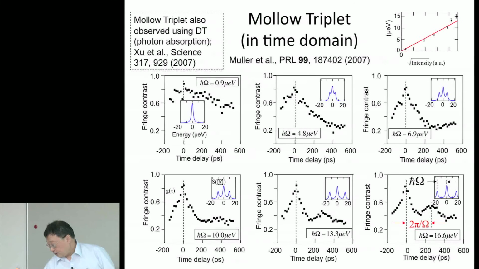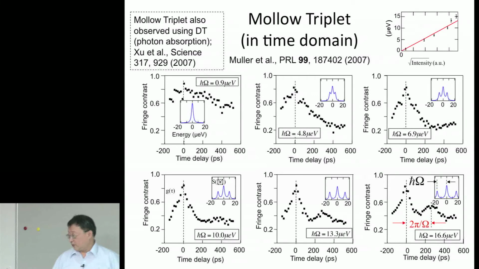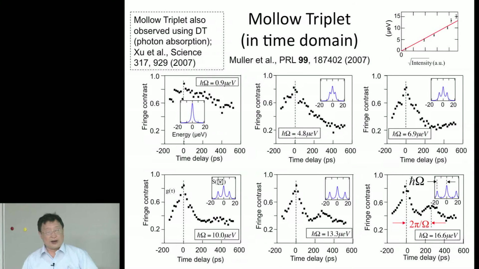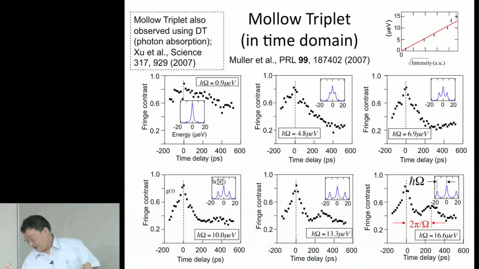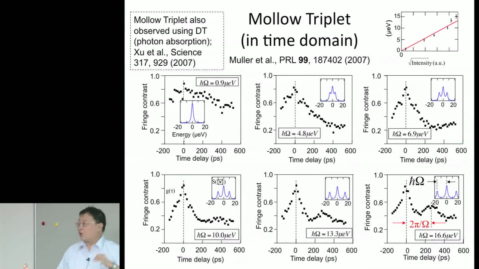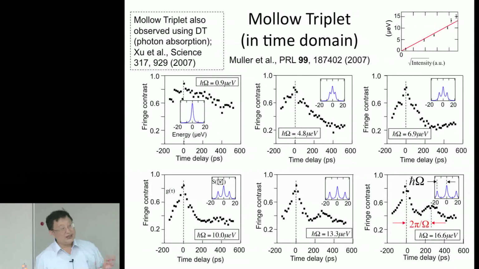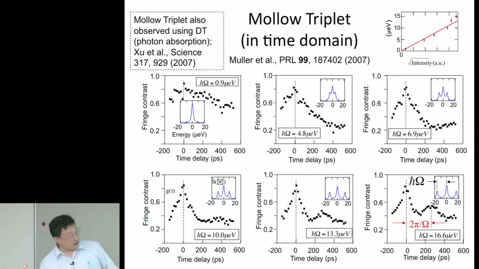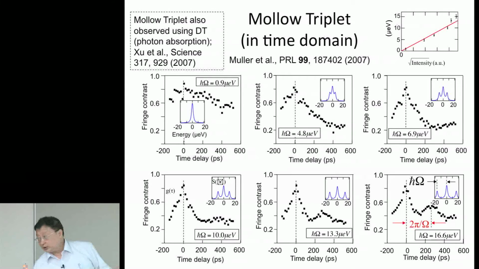But when we sent this paper out to referee, to PRL, the referee was very mad, said you cannot call this Mollow triplet because you look at things in time domain. Okay, all right, so we just corrected it. We just say, well, it's a first order correlation function. It would correspond to the Mollow triplet in spectral domain. And indeed, the Rabi energy that we deduce from that scales with the square root of intensity, just like what one expected.